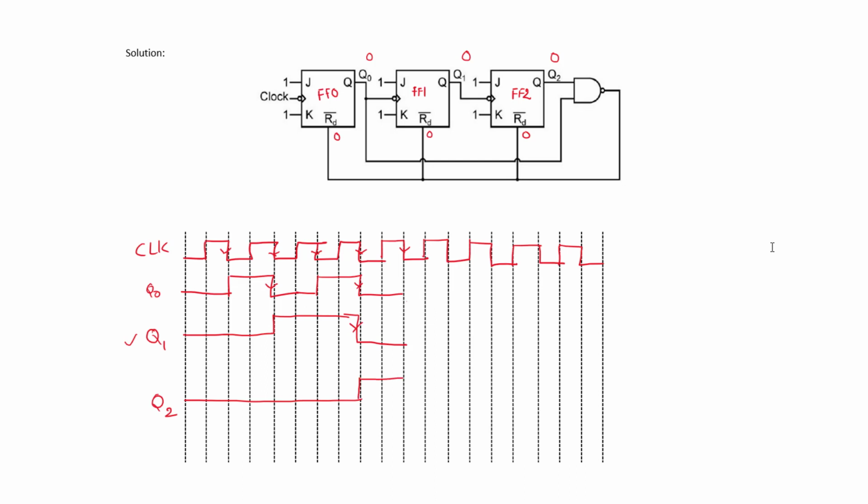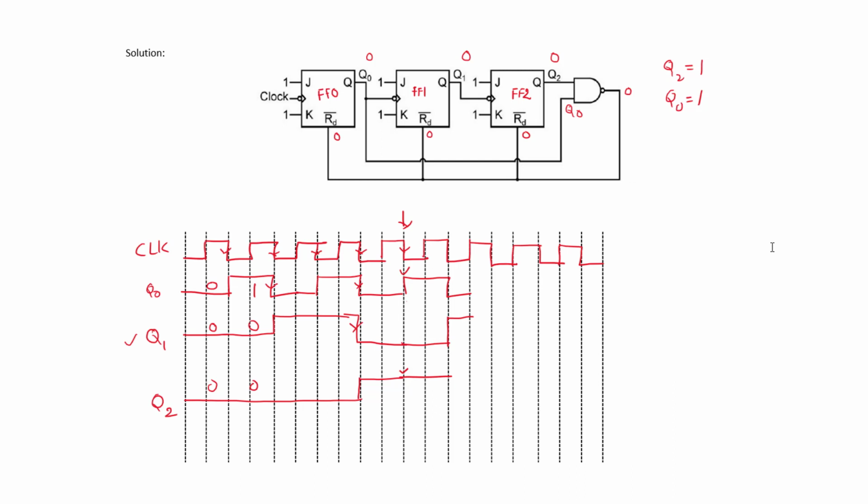In this circuit, for the NAND gate, Q2 is one input and Q0 is the other input. That means this output will be logic 0 when Q2 is at logic 1 and Q0 is also at logic 1. Here we have 0 0 0 and here 1 0 0. I can extend this waveform like this. At this clock instant, Q2 will be logic 1 and Q0 is also at logic 1.